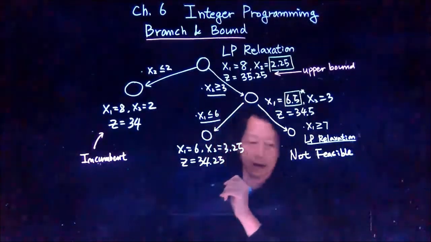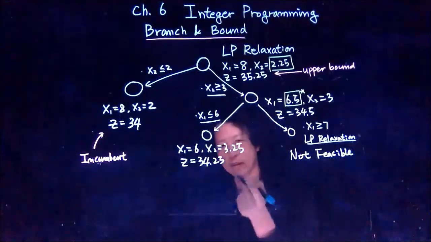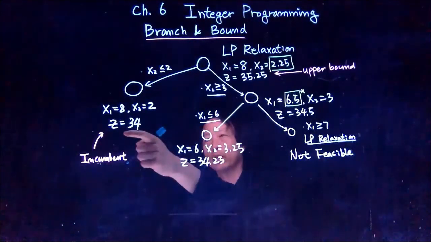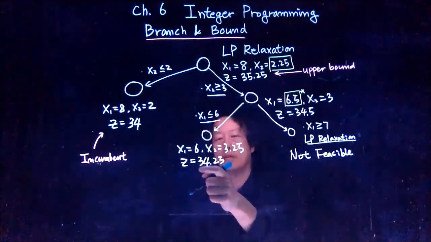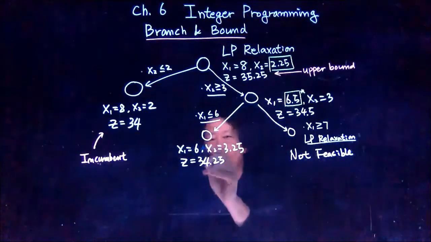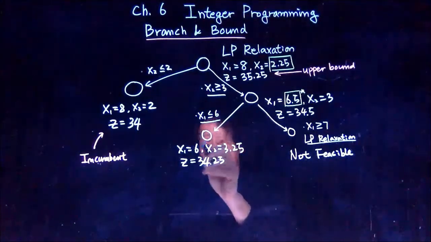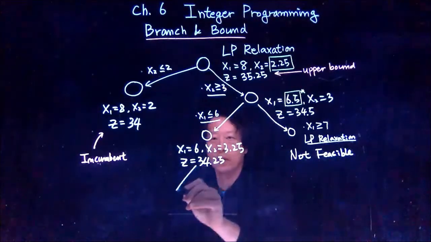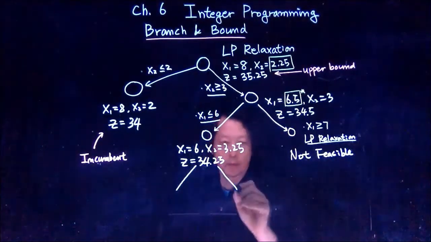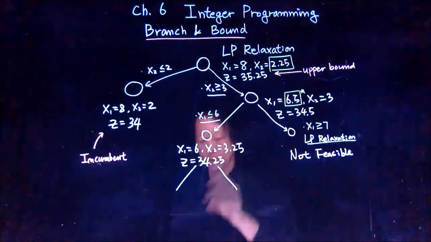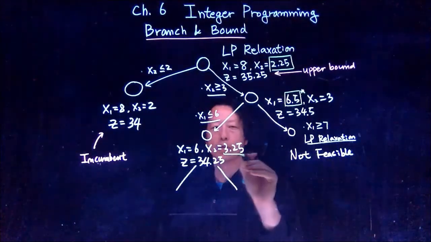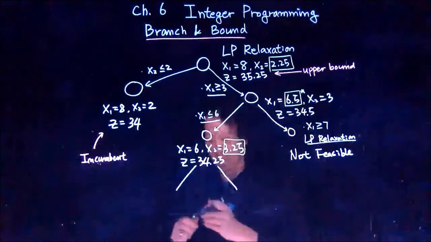And then we can keep going on because the lower bound is 34, but this is still greater than 34. We can branch out more. Okay, I will branch out more here, and then since now x1 has become an integer, but now x2 becomes a non-integer again.